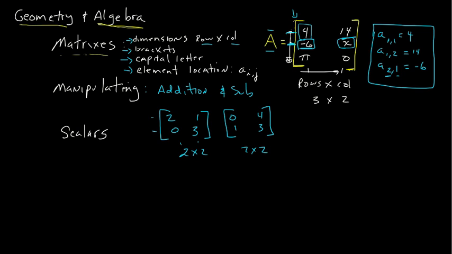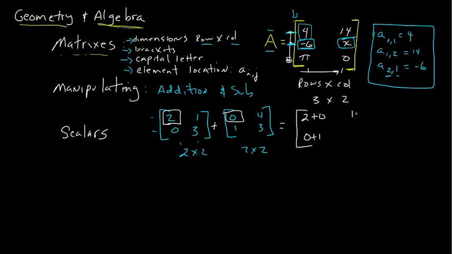The way you would add them is you add the elements that are in the identical position. So this position maps on to this position. If you were to add these together, this upper left-hand position is 2 plus 0. The next position is 0 plus 1.